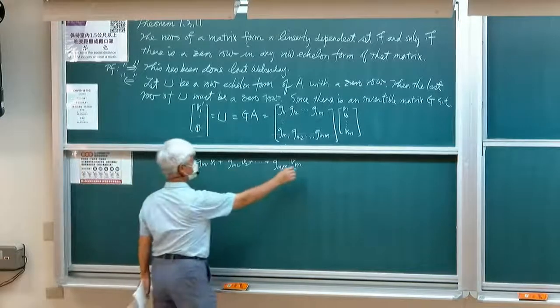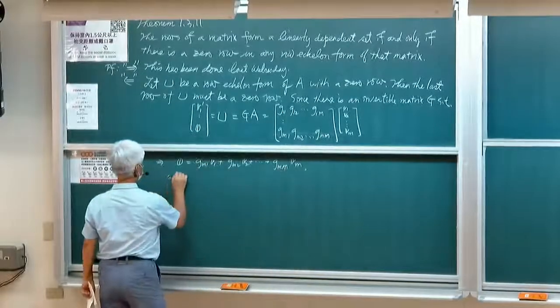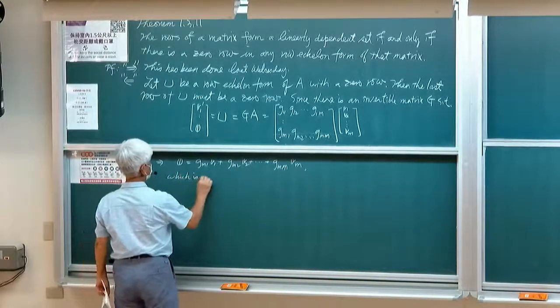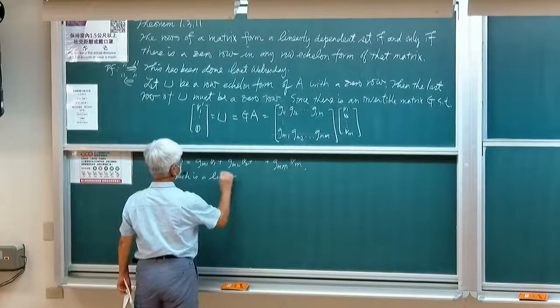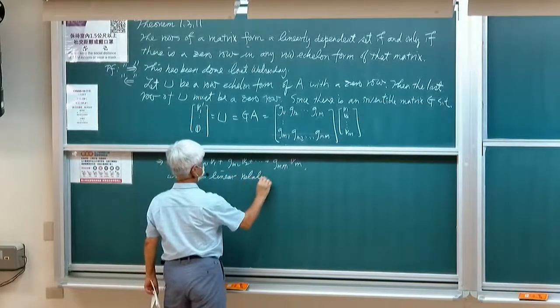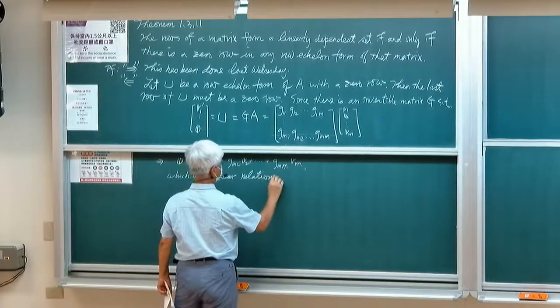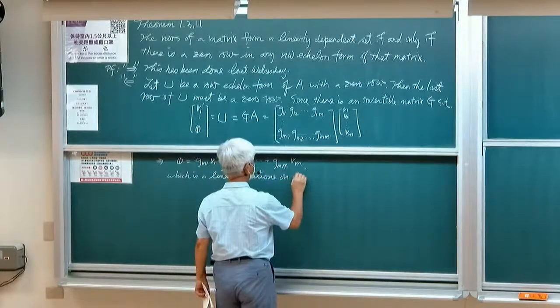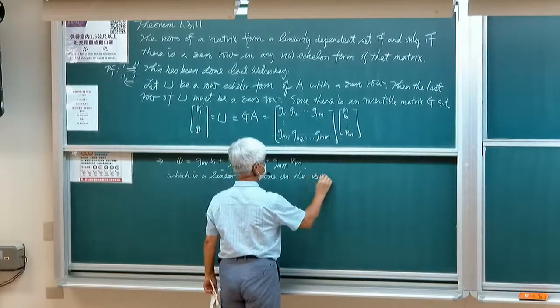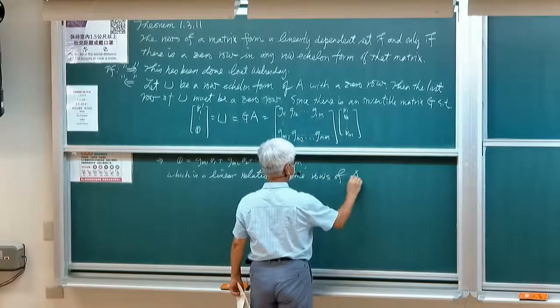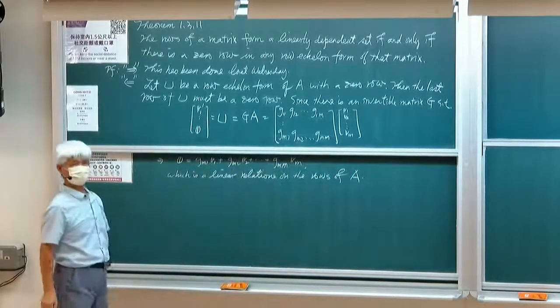So we have a linear relation on the rows of A.